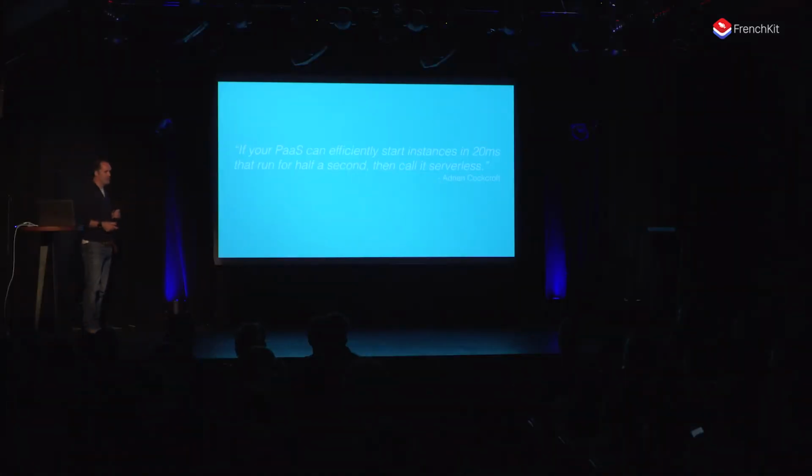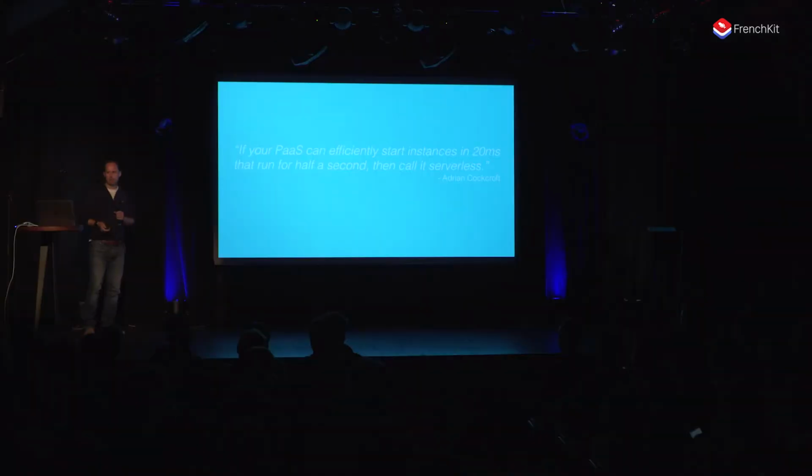It's designed to spin up very quickly, ideally in less than 20 milliseconds, and only run when it's got something to do. So the idea of serverless and how it's different is it will run your application and then stop when there's no more work to do. And it's very efficient at bringing these up and shutting them down, which means if you've got a workload that only runs sporadically, you don't actually pay when it's not running and there's no users using it.